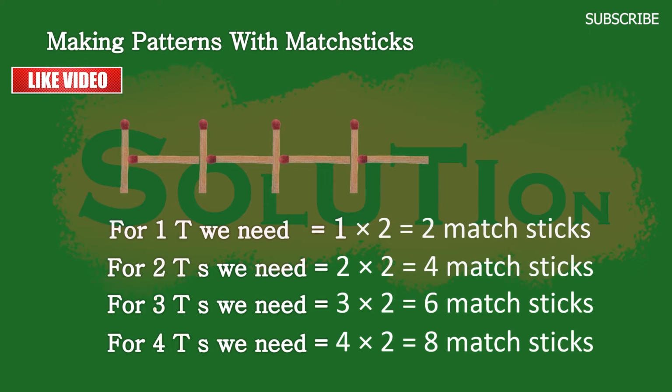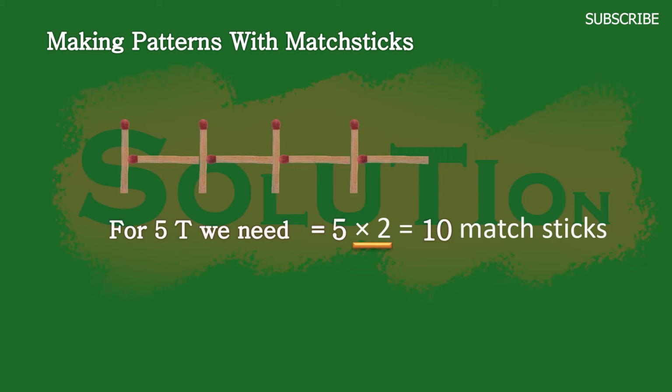Similarly 4 into 2 for 8 matchsticks. Here you can see into 2 is constant. It is coming in all the patterns, right? And for 1 it is coming 1, for 2 it is coming 2 into, for 3 it is coming 3 into, for 4 it is coming 4 into, the left side of the multiplication sign.